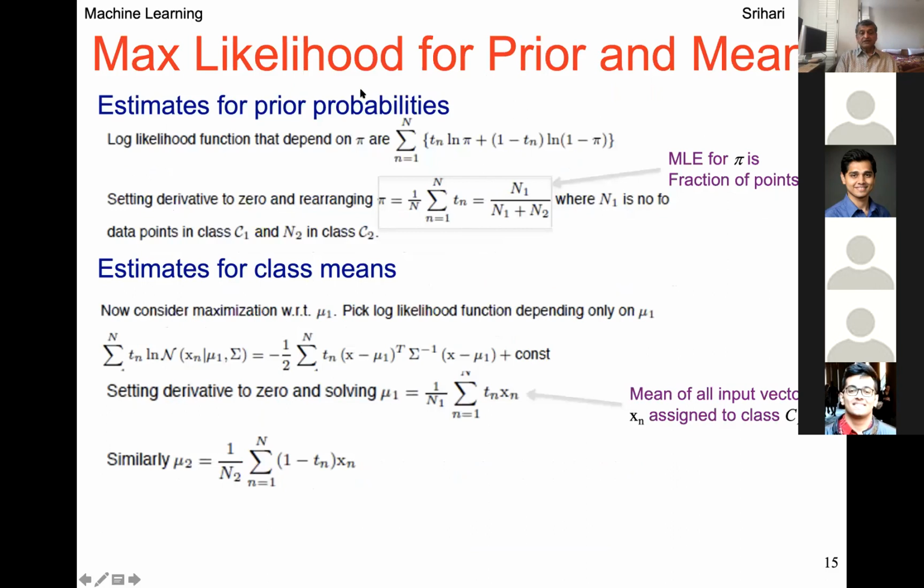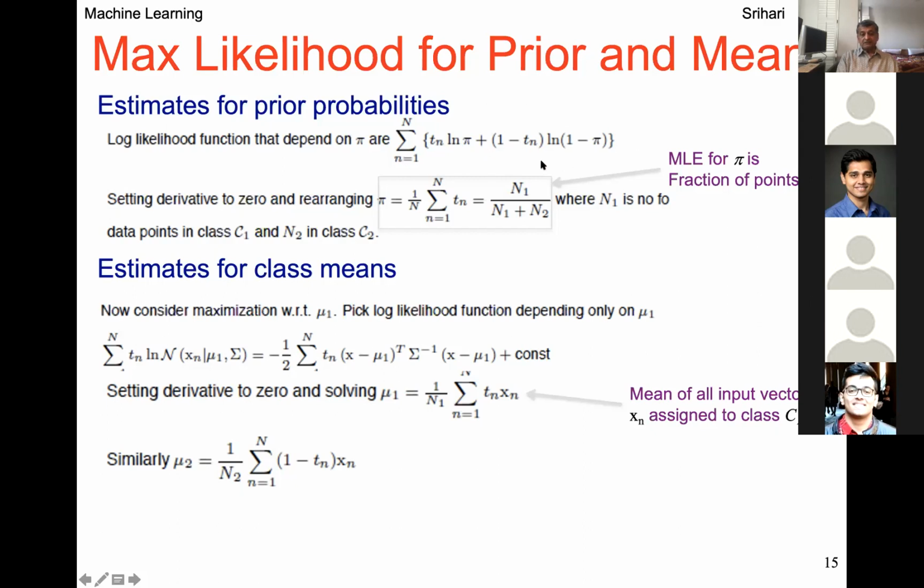So here we are determining maximum likelihood for the prior and for the means. For the prior probabilities, the log likelihood function that depends on pi are these terms. Some other terms become 0.